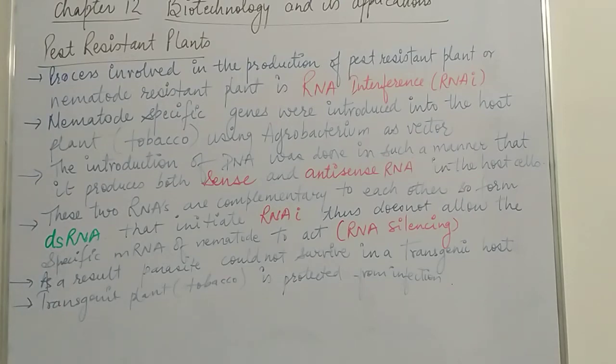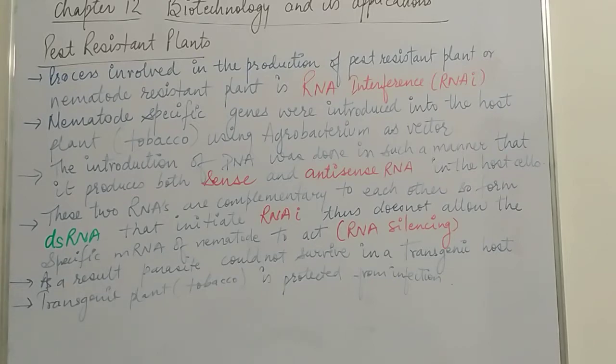Look at the next point. These two RNAs are complementary to each other, so they form dsRNA, where ds means double-stranded RNA. This double-stranded RNA initiates RNA interference because it does not allow the specific messenger RNA of the nematode to act.